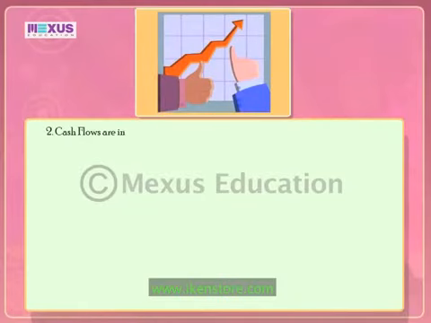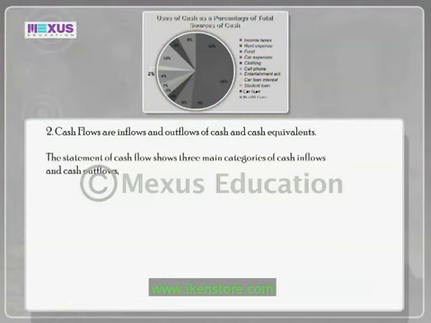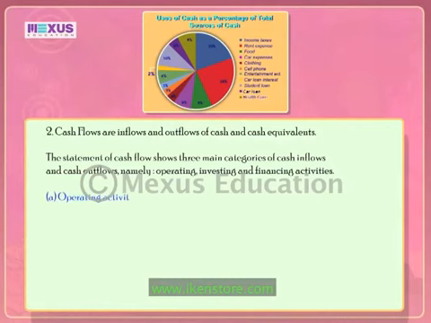Cash flows are inflows and outflows of cash and cash equivalents. The statement of cash flow shows 3 main categories of cash inflows and cash outflows, namely operating, investing and financing activities. Operating activities are the principal revenue generating activities of the enterprise.